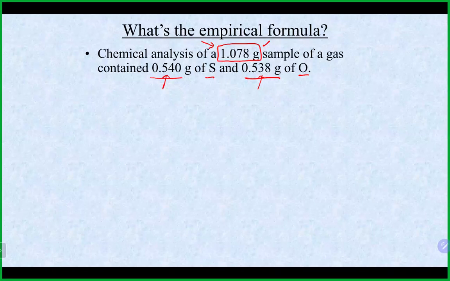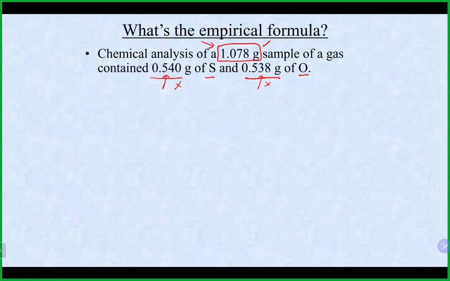You know the grams of each of those. If you added those together and it didn't add up to the total, then you're missing some type of element. And obviously, there would be some way for you to figure out what's missing, but that's the key. So in this case, this number here in the box is really just to make us feel confident that this is all the elements that are present at this point. They're already in grams, so remember, you never want to go backwards.